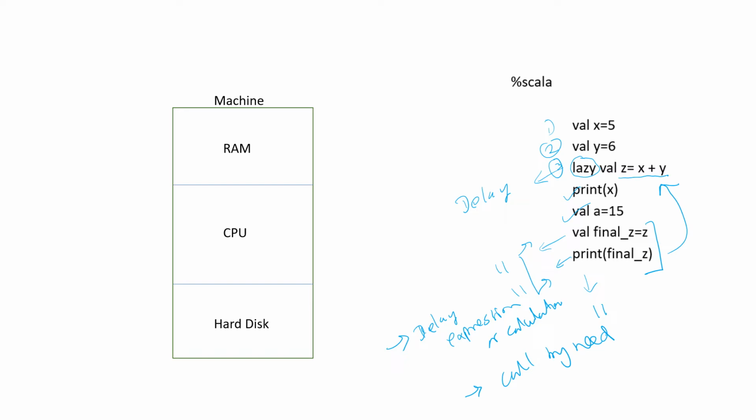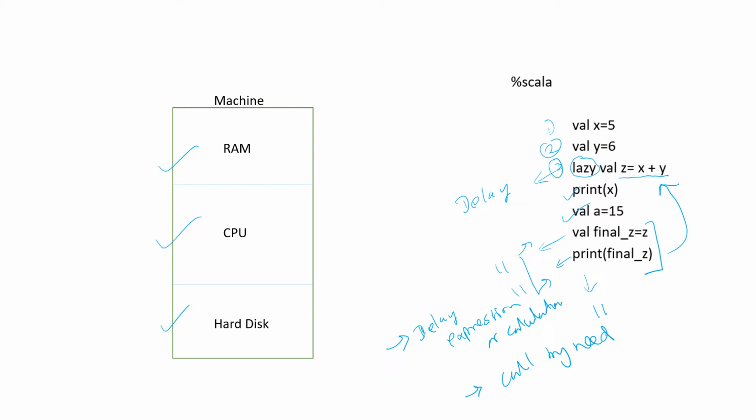Let's understand the left-hand side, where there is a machine. You will see there are many components, but we are talking about the RAM, temporary memory, and the CPU, which has a control unit and an arithmetic logic unit. All the calculation is happening here, and we have the hard disk stored.